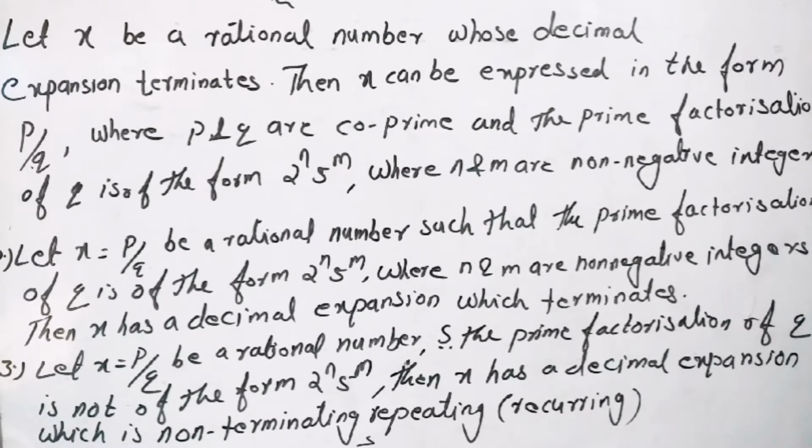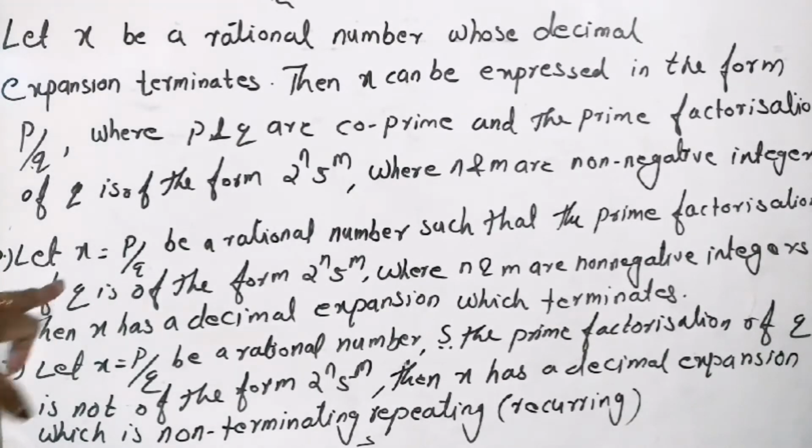That means the values of n and m are greater than or equal to 0. So, in short, if you have a rational number and the decimal expansion of that rational number terminates, then the denominator of that rational number in the smallest form is of the form 2 raised to n into 5 raised to m.